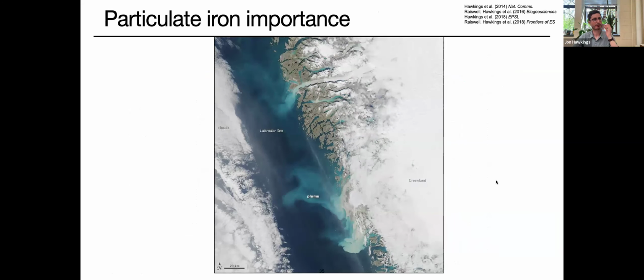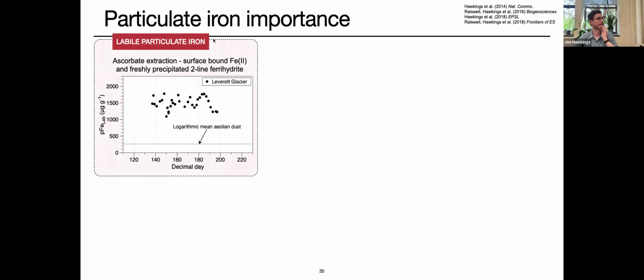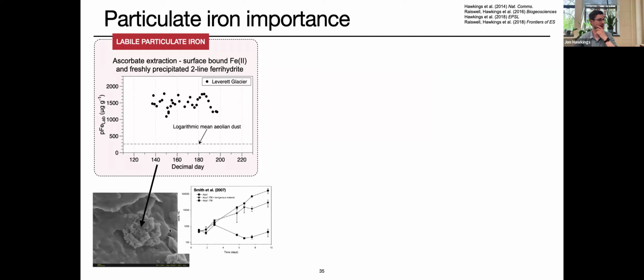But again, like phosphorus, a lot of the story might be in the particulate phase. We do an ascorbate extraction on the glacial flour that comes out in front of the glaciers. This is targeted towards surface-bound iron(II) and also freshly precipitated two-line ferrihydrite, which is an iron oxyhydroxide. It looks like this. It's amorphous or poorly crystalline, and we know it's bioavailable for phytoplankton to a degree.